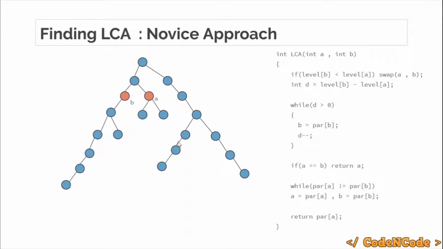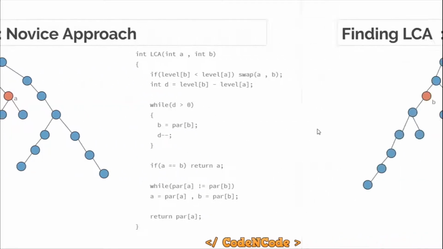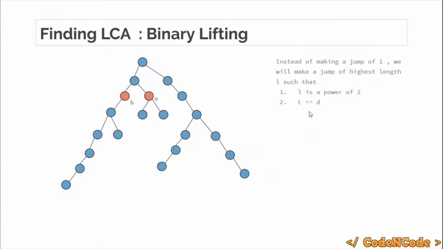Now to make a jump of length 1 we were using the parent array. Since we want to make a jump of length L, which is actually a power of 2, we have to save for each node every power of 2 possible.